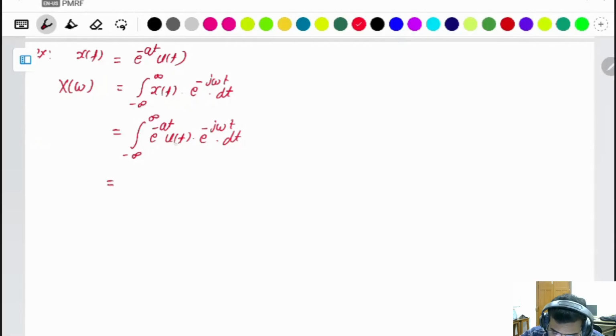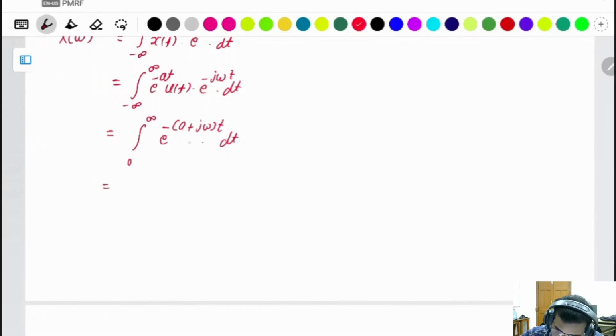There is a u(t) function, a step function, available from 0 to infinity. That's why our integration limit will change from 0 to infinity. The powers are added because the base is the same, then e to the power minus (a plus j omega) t dt.